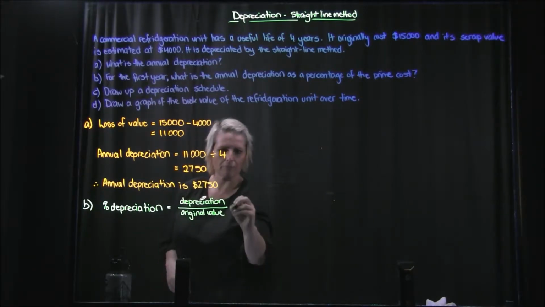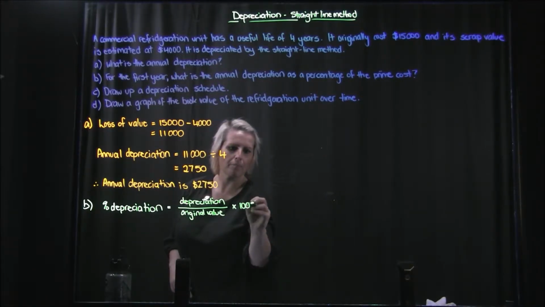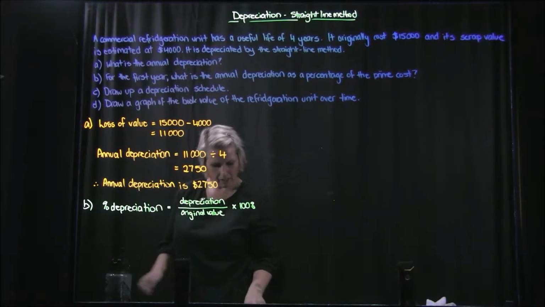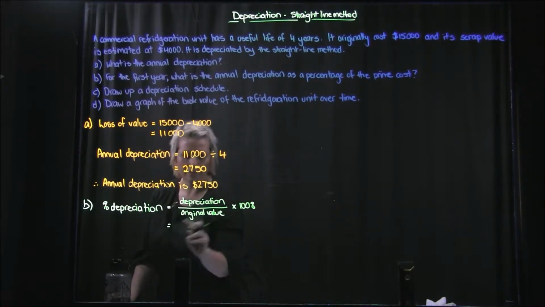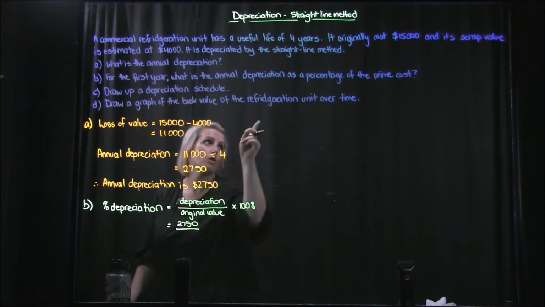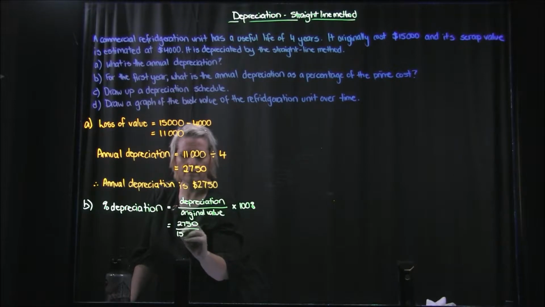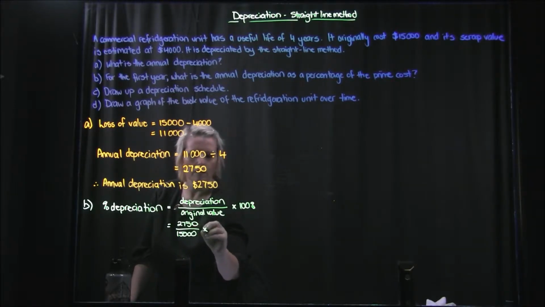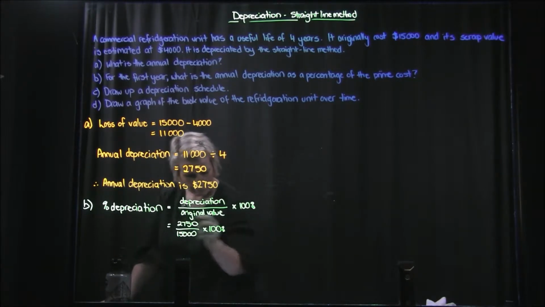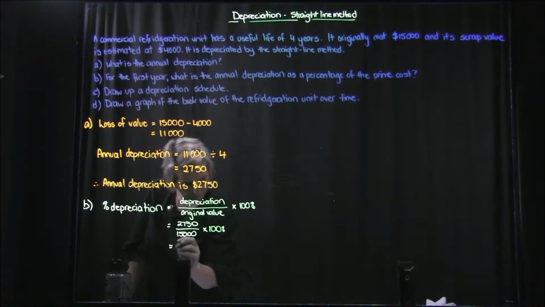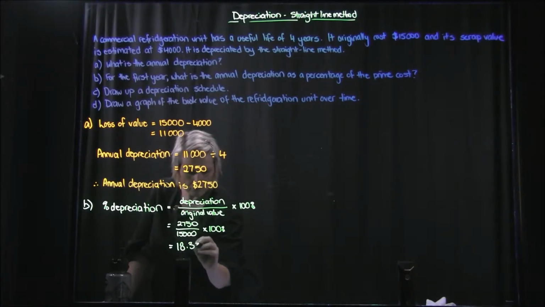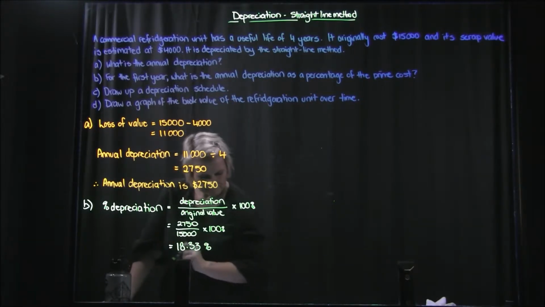And of course, because I'm making it a percentage, I'm going to multiply by 100%. So I'm just going to sub into that. My depreciation amount is 2,750. My original value was 15,000. And I'm going to multiply by 100%, or multiply by 100. And that will give me 18.33%.